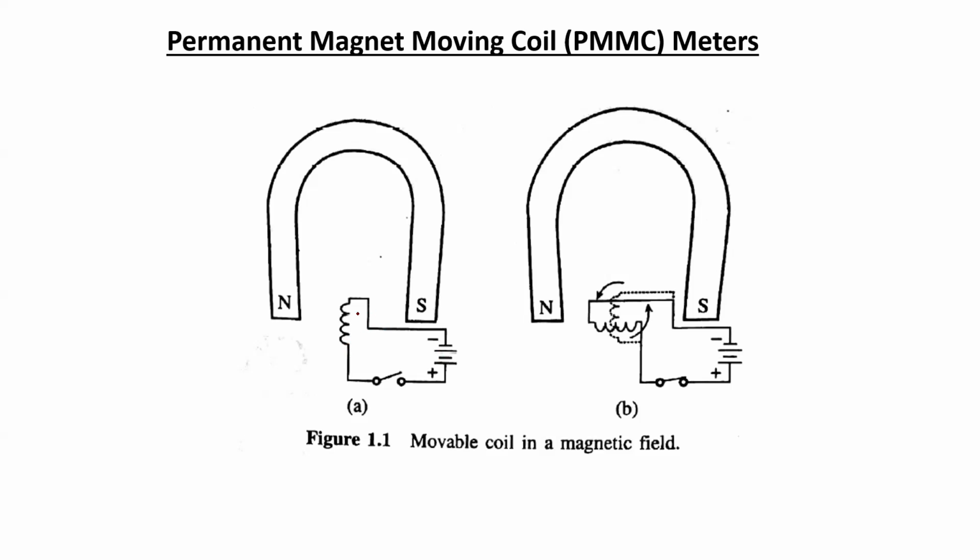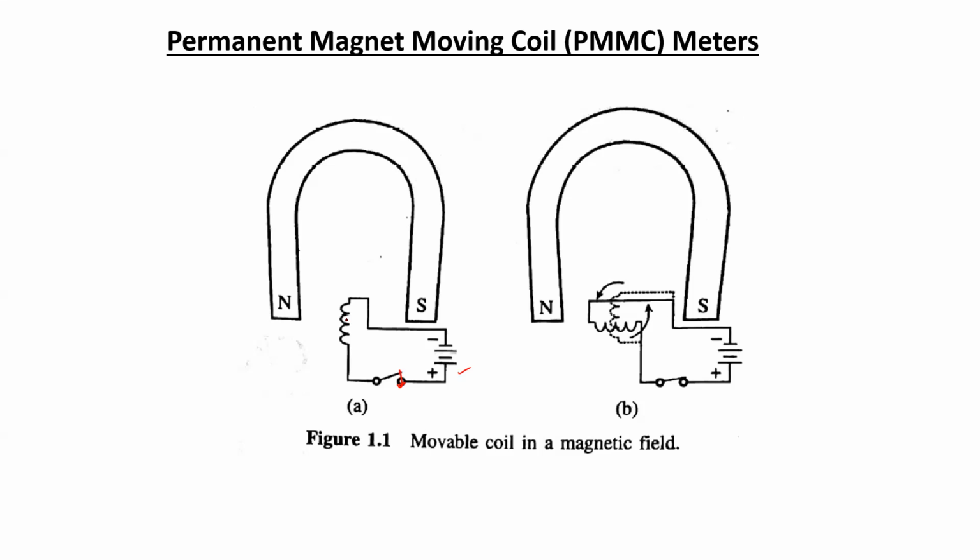Whenever this coil is supplied with some DC source, as shown over here, if this switch is closed, the coil is going to carry some current, and as the coil is carrying current in the presence of a magnetic field, it is supposed to experience some force, which will eventually result in a torque, causing the coil to deflect.